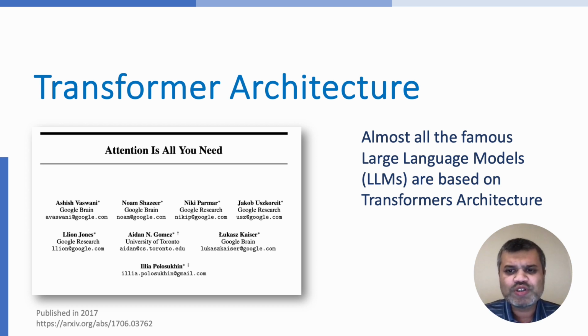So, as we know, most of the large language models are based on an architecture called transformer architecture. And this architecture was presented in this paper, which is a very famous paper, Attention is All You Need. And in some of my talks, I'll explain what it means, like attention is all you need, because before this paper appeared, there were many other things that were used in addition to attention.